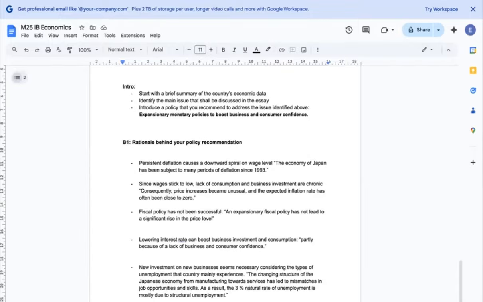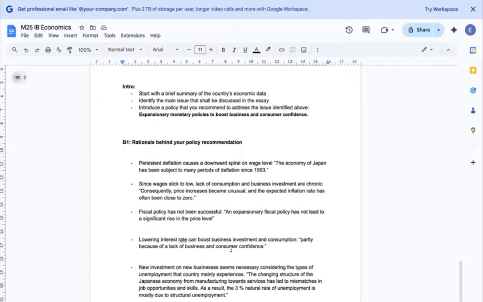In body 1, you can talk about your logic behind recommending this policy. So for me, I found multiple references from the text and data. So first, there is persistent deflation, which is causing a downward spiral on wage level or consumer living standard. The economy of Japan has been subject to many periods of deflation. So because of that, wage levels have stuck to low.